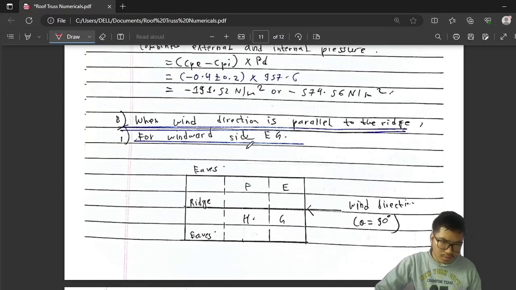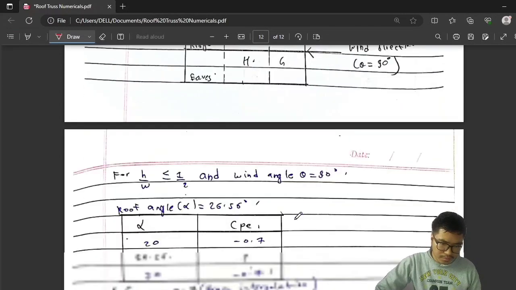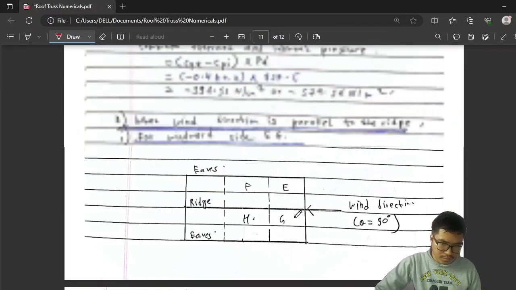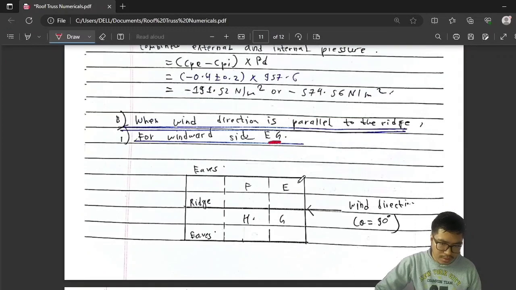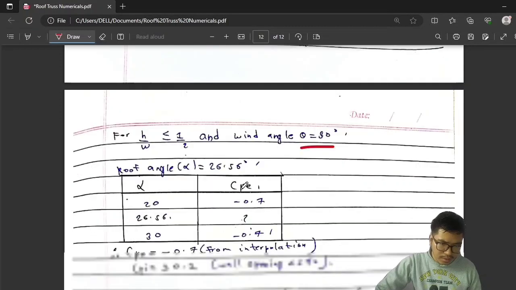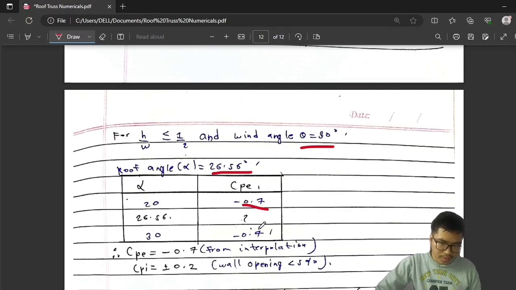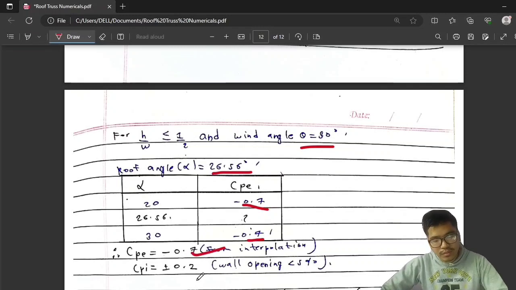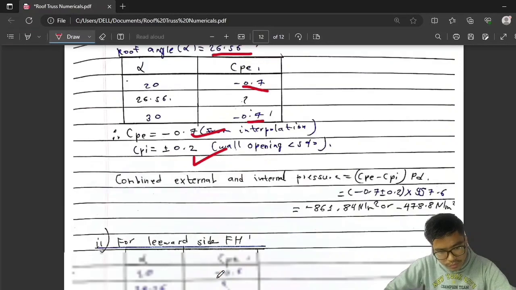Windward side is this side, so EG side, theta is 90 degree, and for this slope from table CP is in between minus 0.7 and minus 0.7, that is minus 0.7, and CPI I have already told.